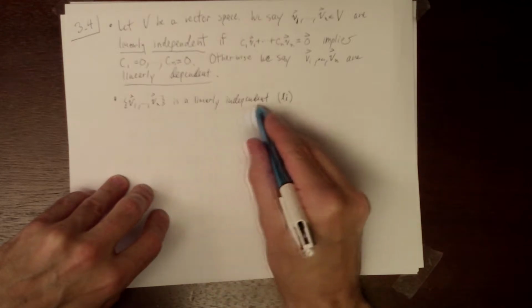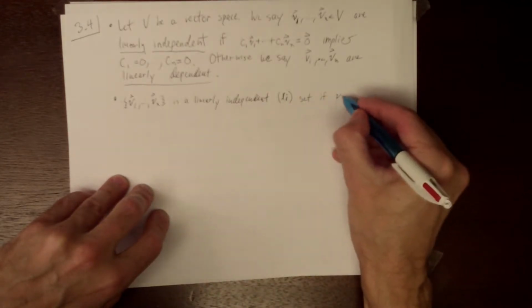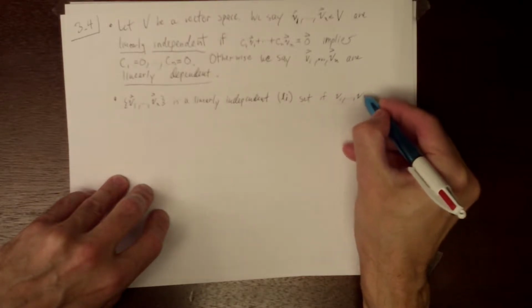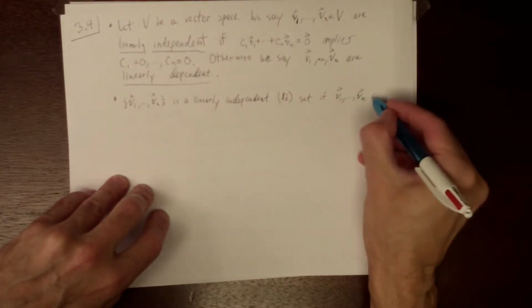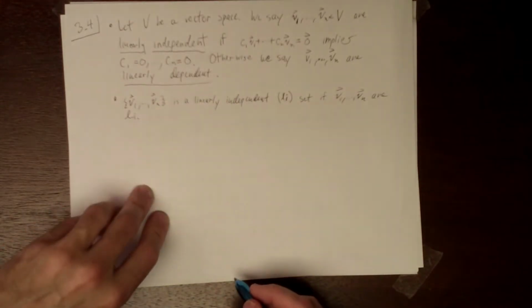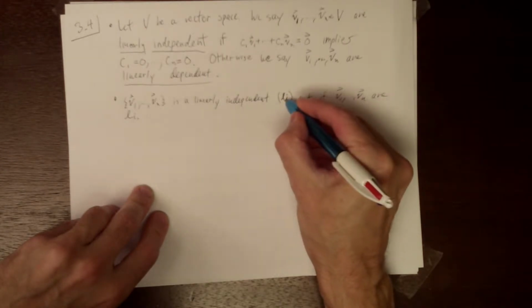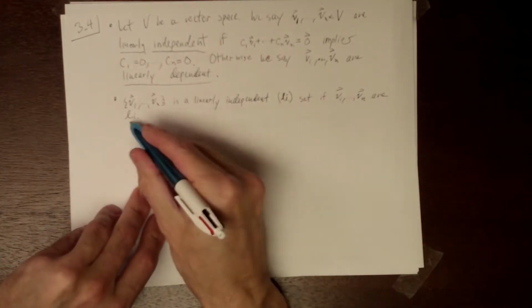But this is a linearly independent set if the vectors v1 to vn are linearly independent.